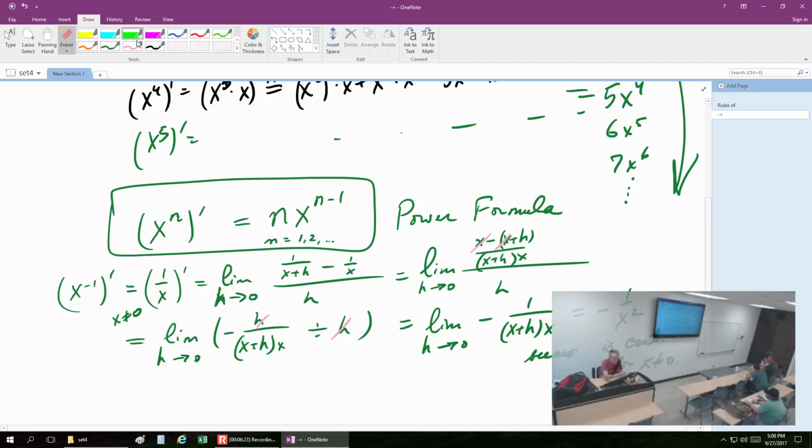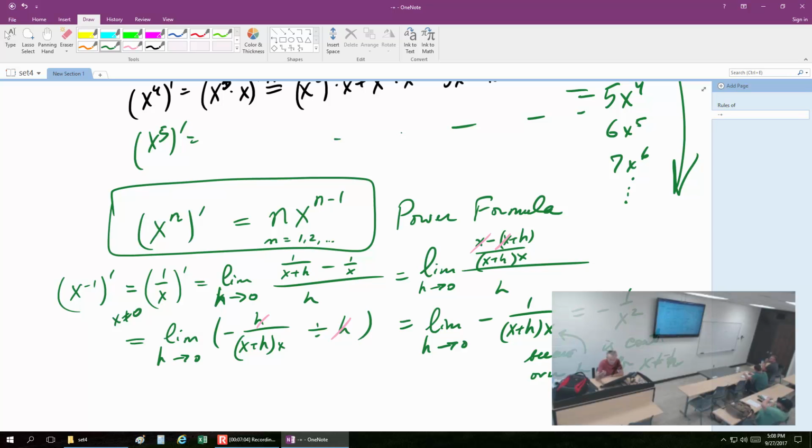It is this function that is continuous with respect to h, for x not equal to negative h. It's a function of h with a fixed x, so it is continuous over h, and as long as h is not equal to negative x, there is no division by 0, and then we can substitute, which is what we did.